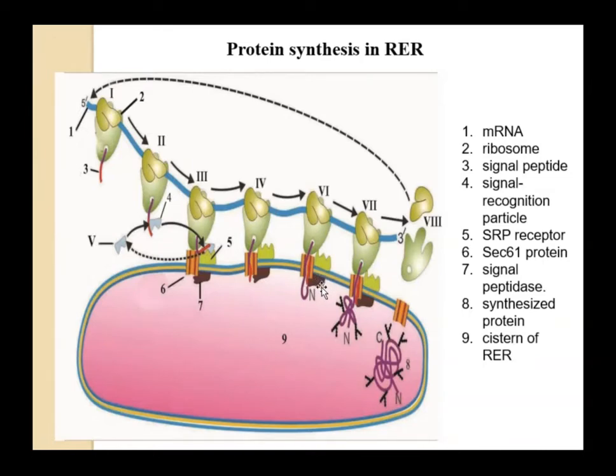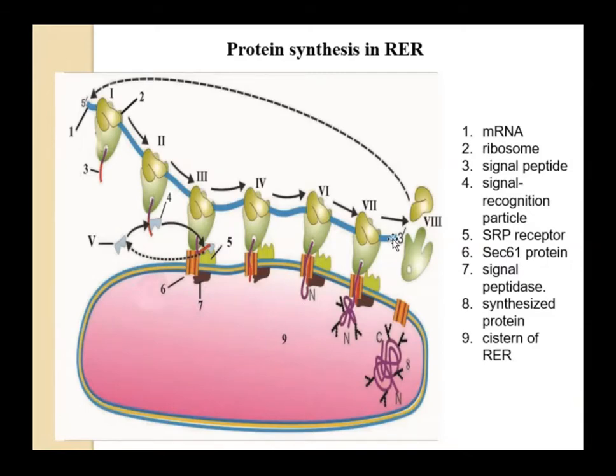That enzyme will break the signal peptide, and the process of translation will continue till the protein produces the nascent protein. It enters, you see here, the cistern of the RER, and the protein synthesis will finish when the stop codon is reached on the messenger RNA.